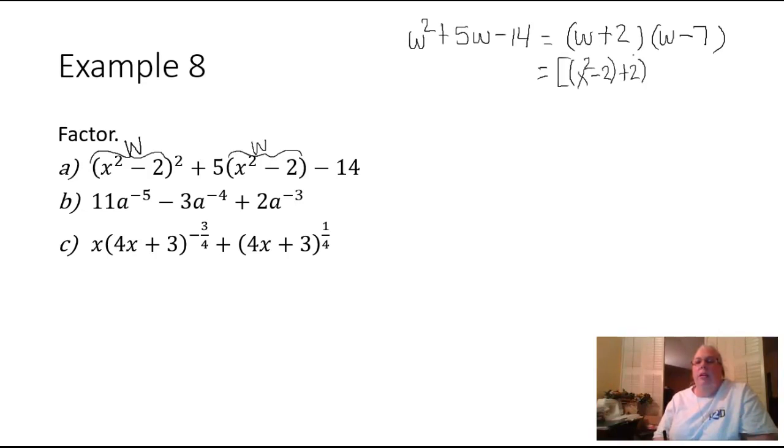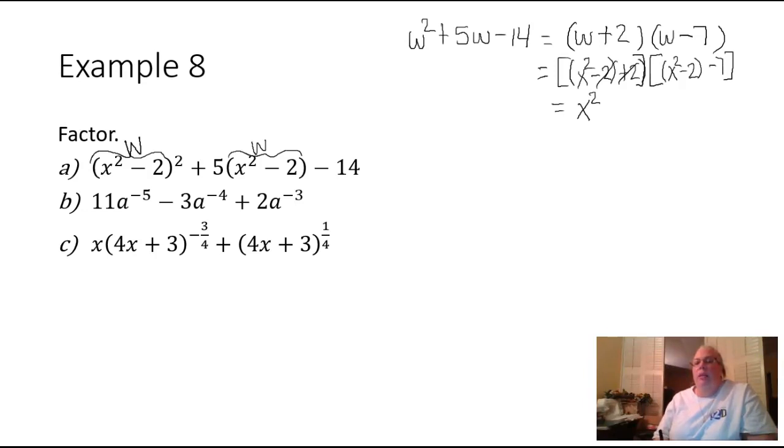And then this one is going to turn into an x squared minus 2, and then minus that 7 right there. So let's see, in the first parentheses, the negative 2 and positive 2 will cancel, and that's going to leave me with an x squared.